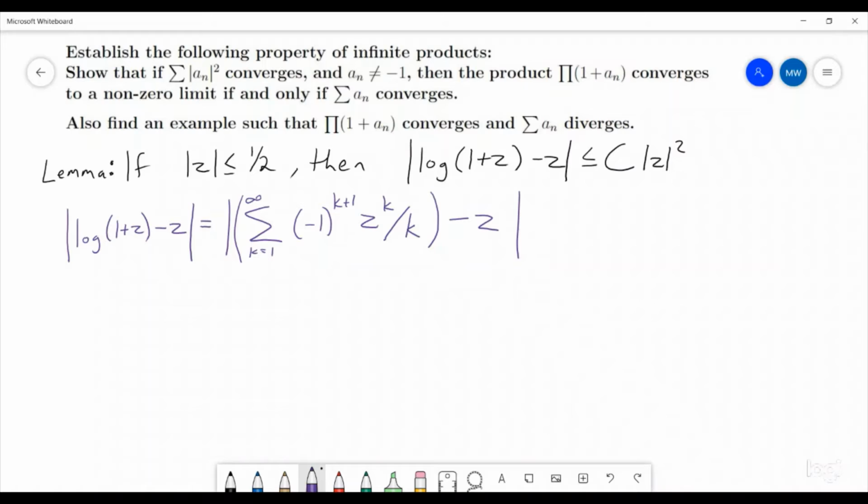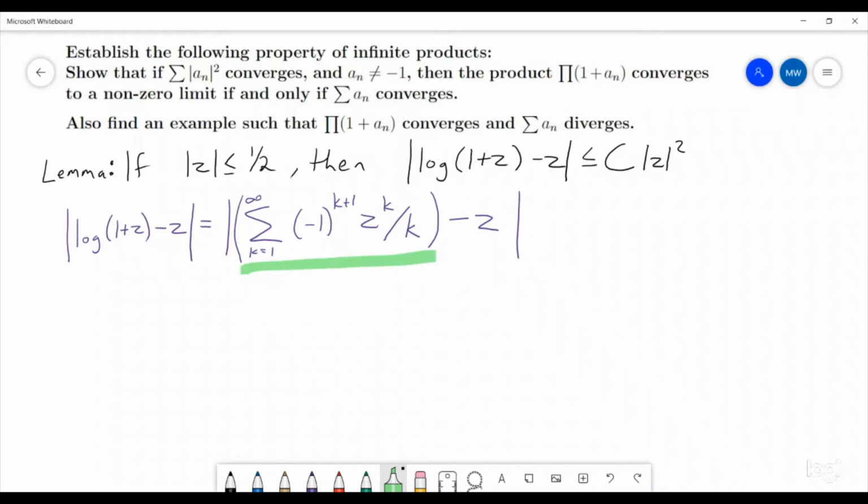Now, this is why we needed the modulus of z to be less than 1/2, so that it was within the interval of convergence of this series approximation of the logarithm. So that's why we needed the absolute value of z to be less than or equal to 1/2. You could have picked other things that also would have worked within the radius of convergence, which for this series is 1.